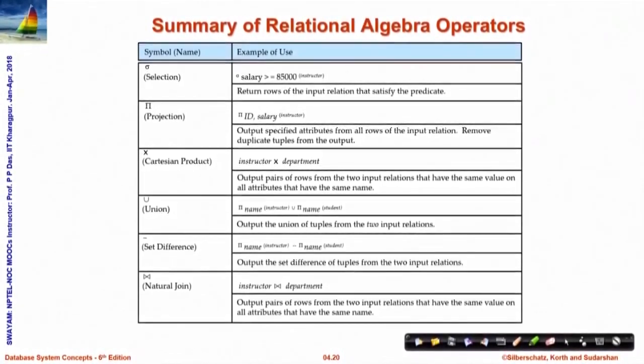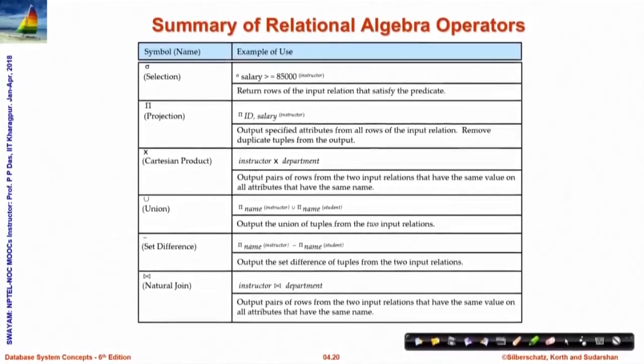So, we talked about selection, which takes rows selectively. We talked about projection, which takes out certain columns of a table. We talked about the Cartesian product of two relations, which makes all possible combined records. We talked about union of records from two tables having an identical set of attributes. We talked about set difference, which again is the difference of records of one relation from another, given that they have an identical set of attributes.